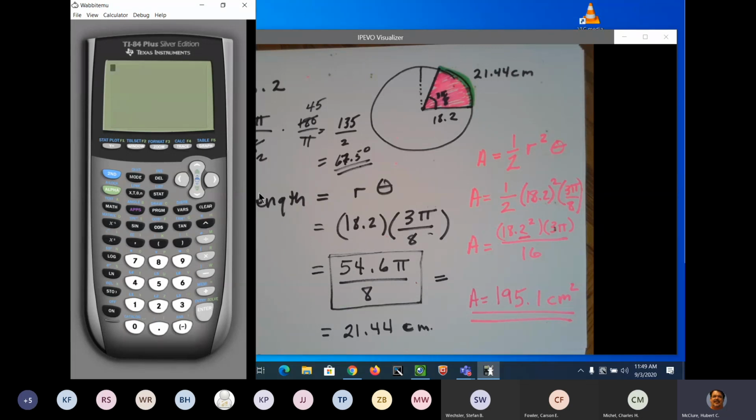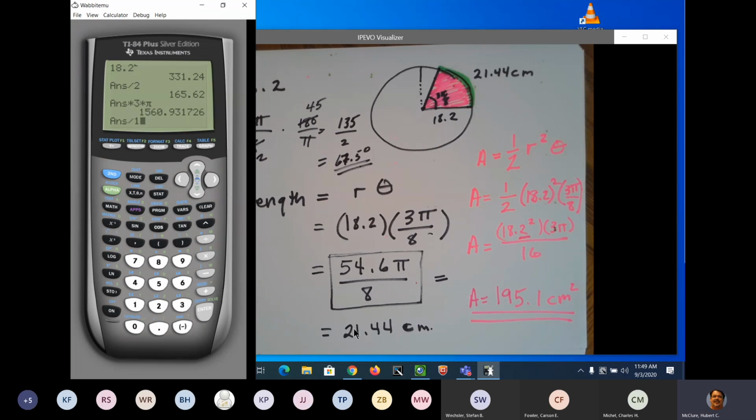Let's try it again. 18.2 squared divided by 2, multiplied by 3 times pi, and divide by 16.